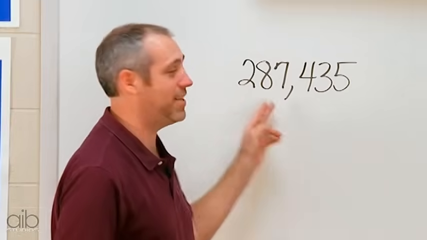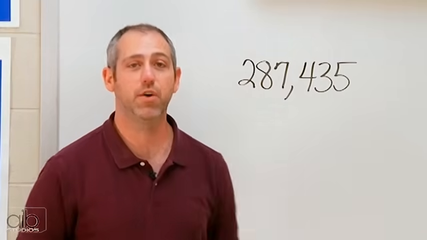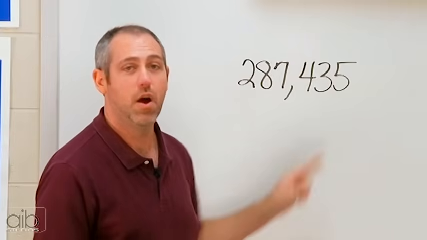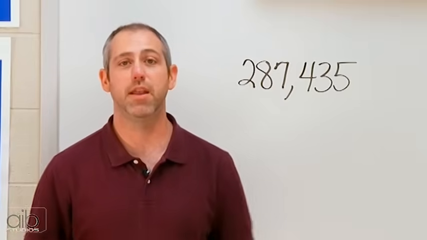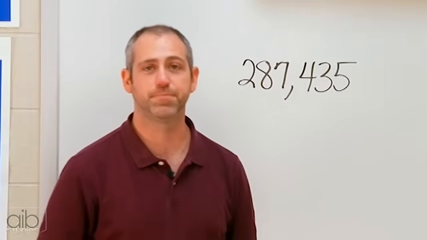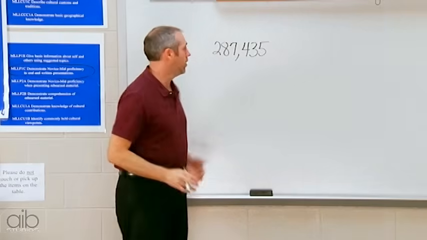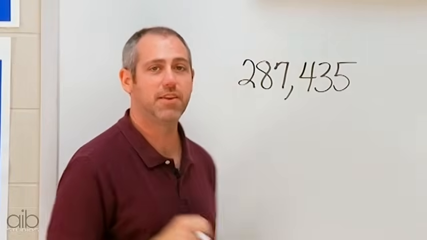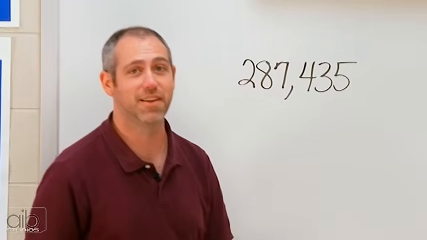Instead of saying 87, we're going to say 80 and 7. That word E goes between the 1 and the 10, or the 1,000 and the 10,000, or the 1 million and the 10 million. It always goes between that 1 and 10. So with that knowledge, we can do this right now. So 287,000, 280 and 7,000. Let's try it.